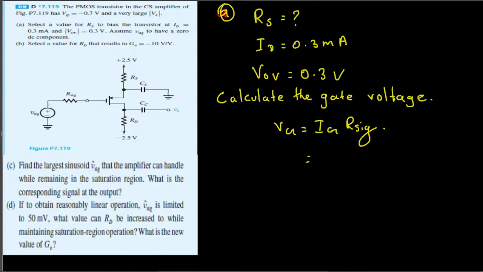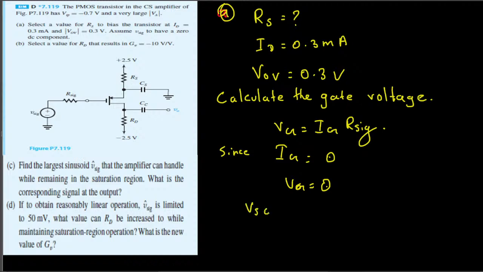For a PMOS transistor, there's no current flow in the gate, so Ig is 0. Since Ig is equal to 0, that makes Vg 0, because if we plug 0 for Ig, that turns into 0.